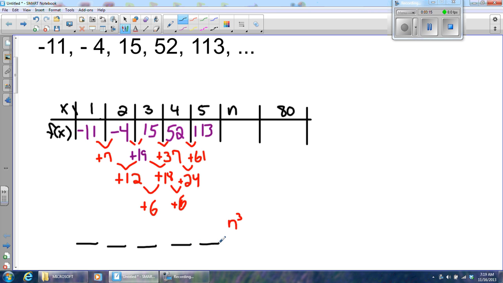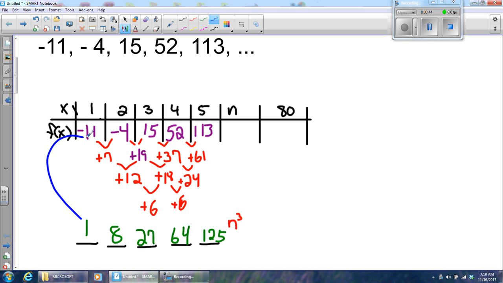Okay, so I'm going to cube 1, 2, 3, etc. and see what I get. So I get 1, 8, 27, 64, and 125.